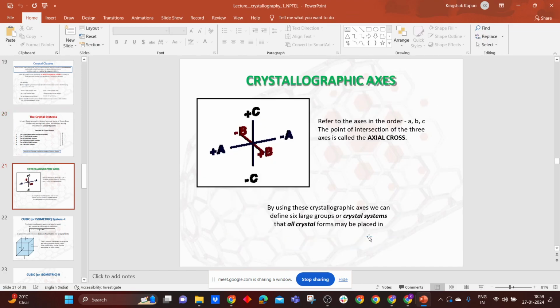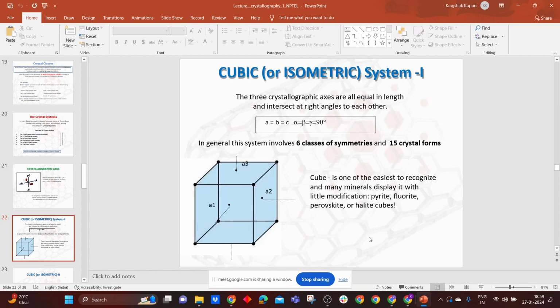So see this. This is the general configuration, cubic or isometric system. As I have been telling you previously, there is a concept of the crystallographic axis.